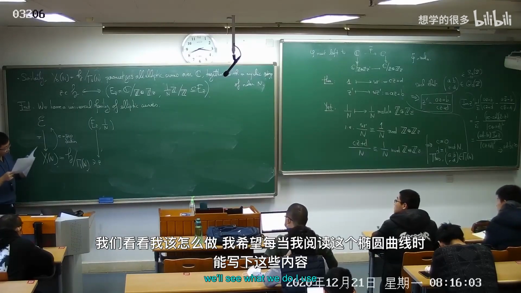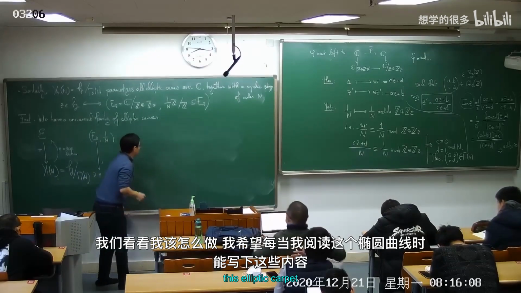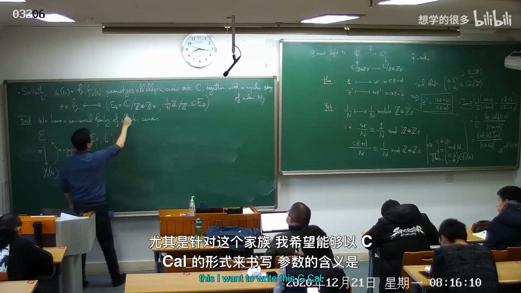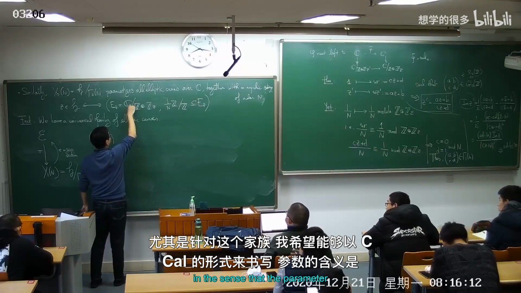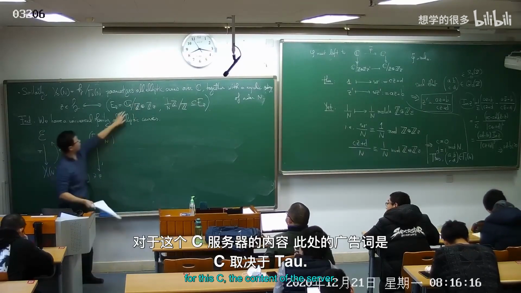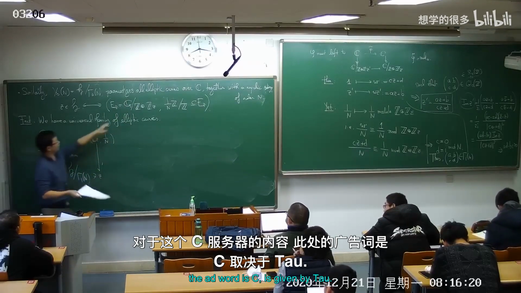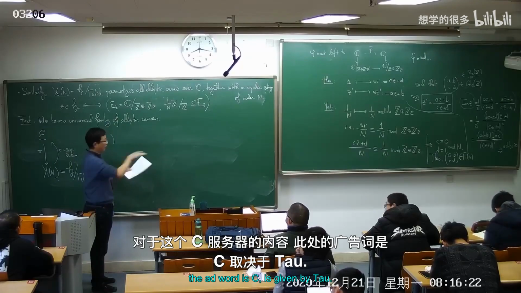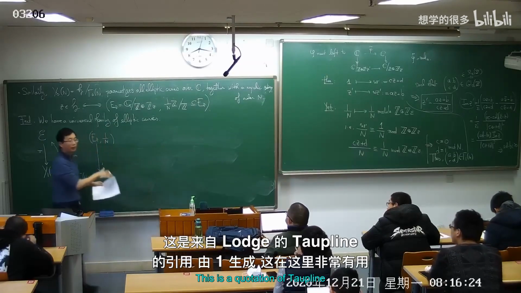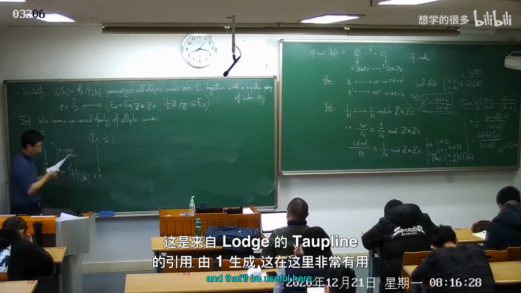So whenever I write this elliptic curve, and especially this family, I want to write this C tau, in the sense that the parameter for this component, the added coordinate, is given by tau. It's the tau plane, and its quotient by the lattice generated by 1 and Z. That'll be useful later.